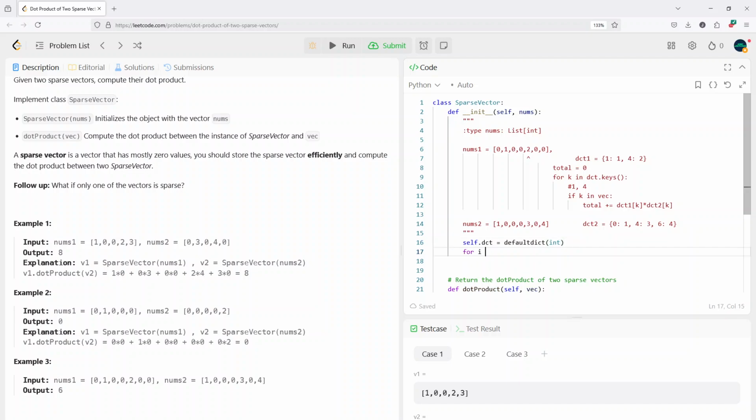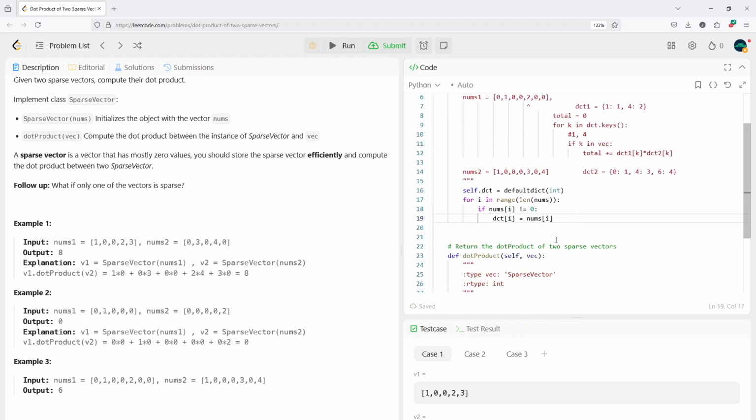So for i in range length of nums, dict of i equals nums of i, and only do this if nums of i is non-zero. And then this is self.dict.